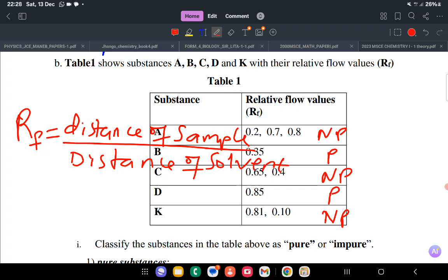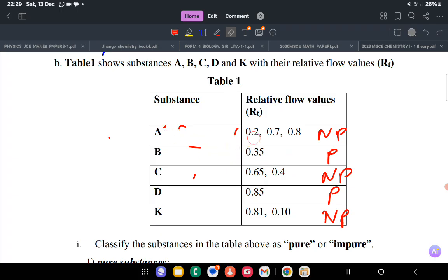So in a chromatography experiment to determine the purity of a substance, you look for the relative flow values of the samples making up the substance under analysis. If a substance has 3 relative flow values, it means such a substance is not pure. A pure substance has only one relative flow value.